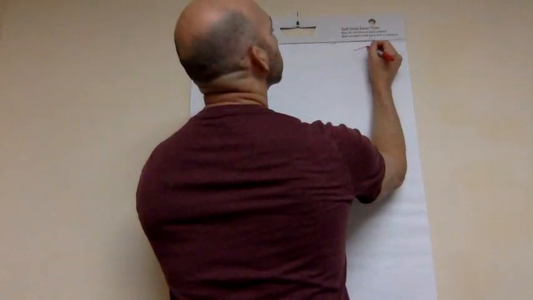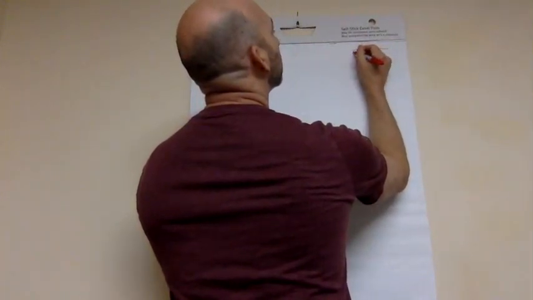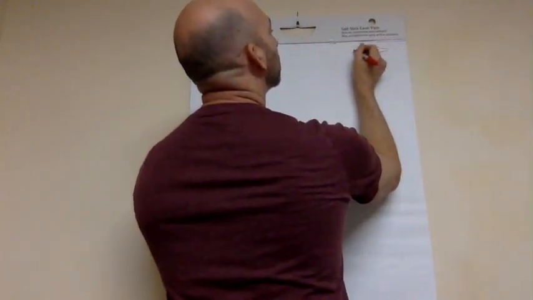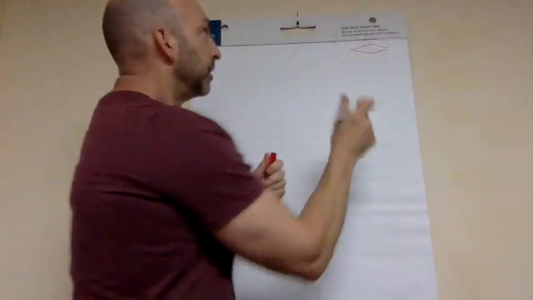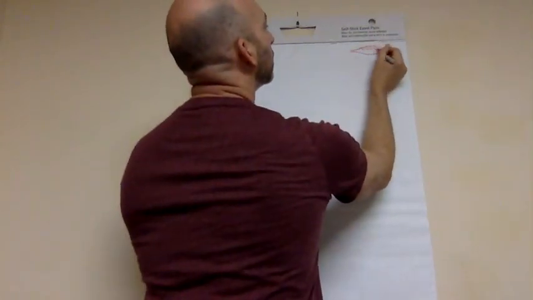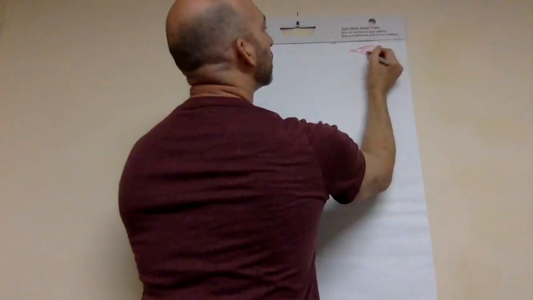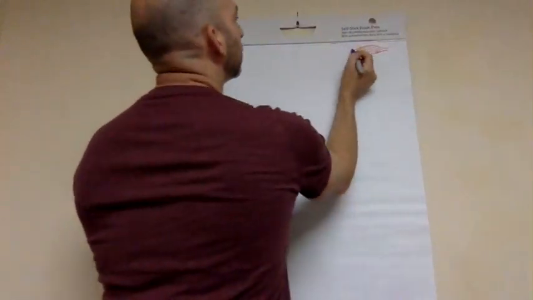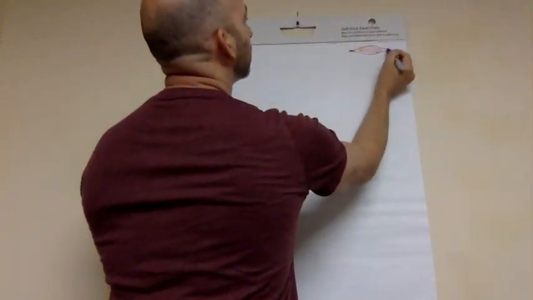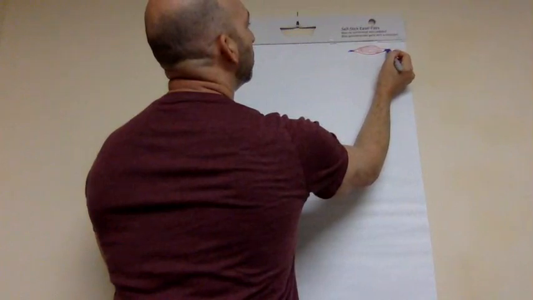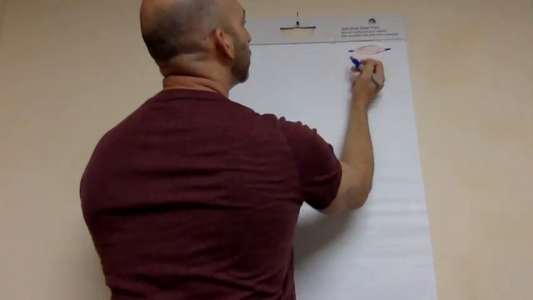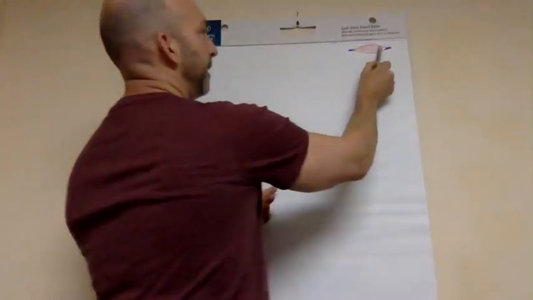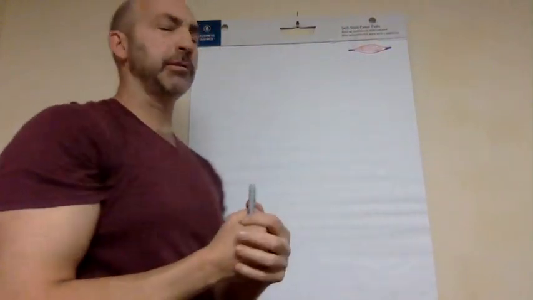And so if we draw a muscle, right, and the blue ends here would be the tendons that would attach it to bone, right? And the meaty part here in the middle is called the muscle belly.